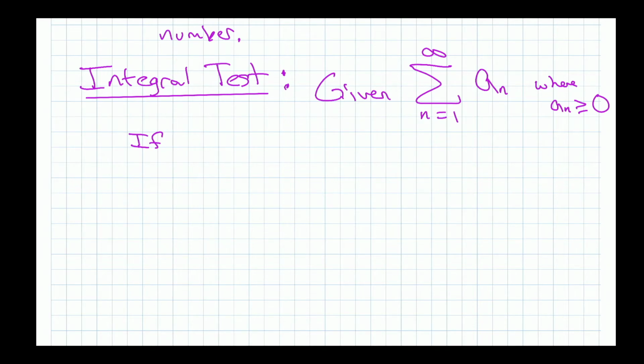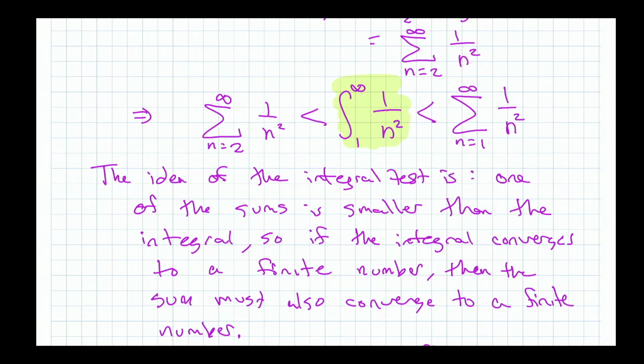What we need is that there needs to be a function f of x where, first of all, f of n needs to be an. That's just saying they're the same formula, right? Back up, sorry.